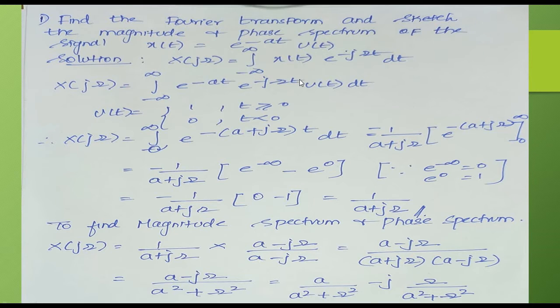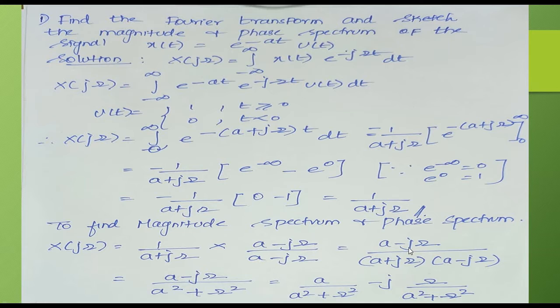Now moving ahead, we will see how to calculate the magnitude spectrum and the phase spectrum. To calculate the magnitude spectrum, follow this method. We will resolve this 1 by a plus j omega so that we can split it into real and imaginary parts. We multiply and divide by the complex conjugate: 1 by a plus j omega multiplied by a minus j omega by a minus j omega.